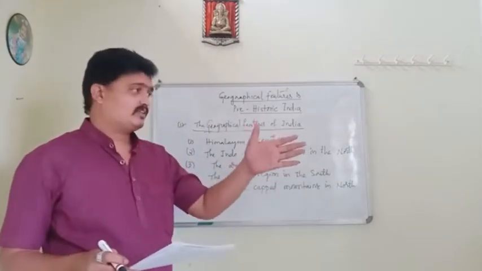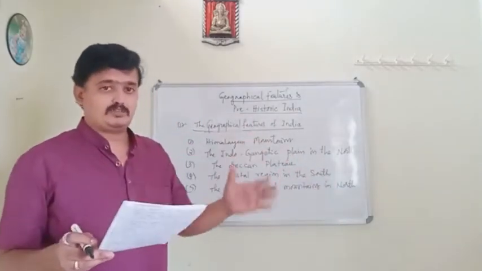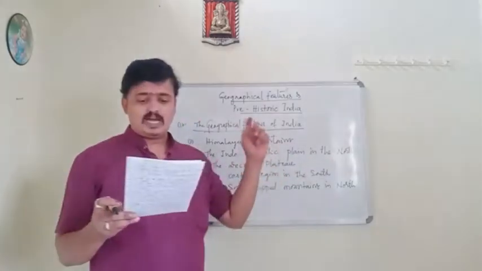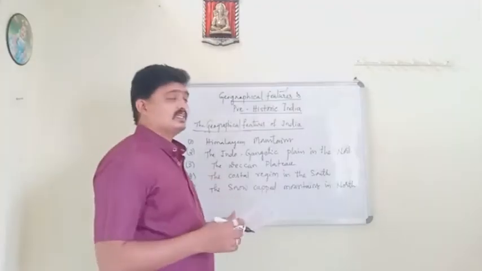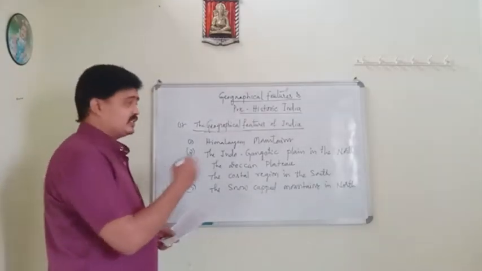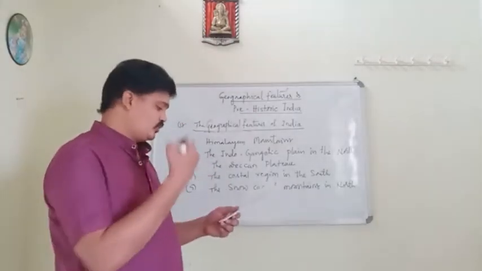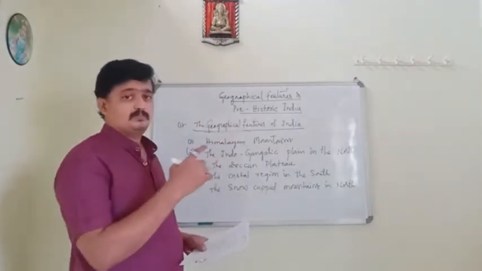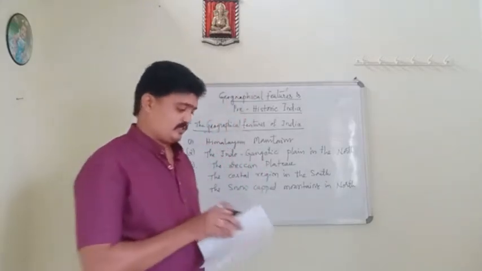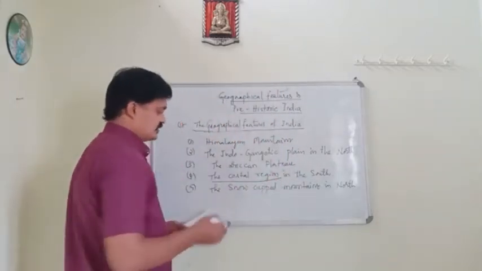Especially the Narmada River separates India into two plateaus. One is the Malwa Plateau, also called the Central Highlands, and the other one is the Deccan Plateau. And next, the coastal region in the south.